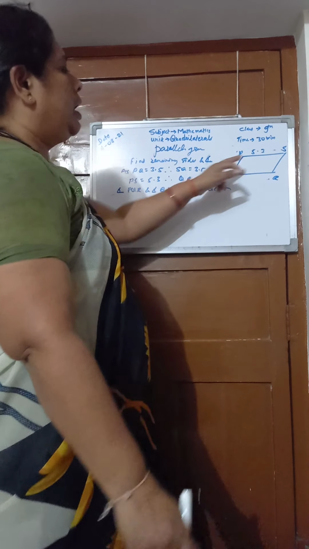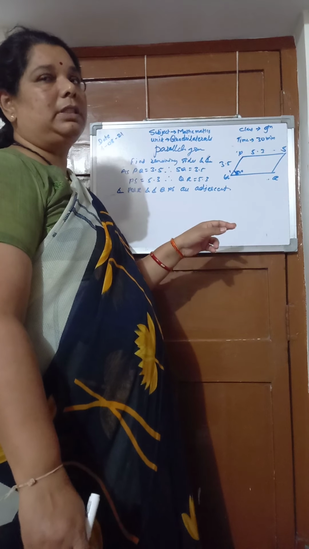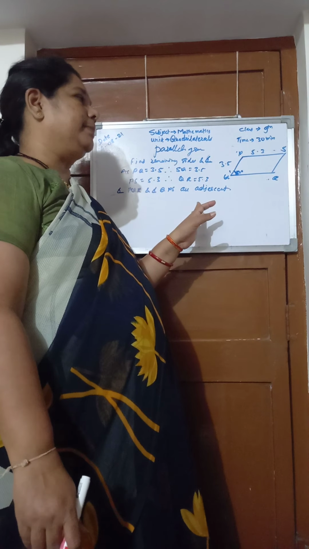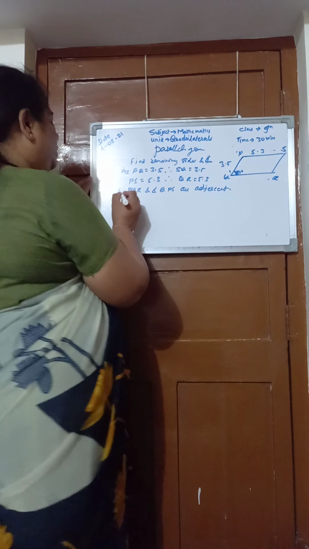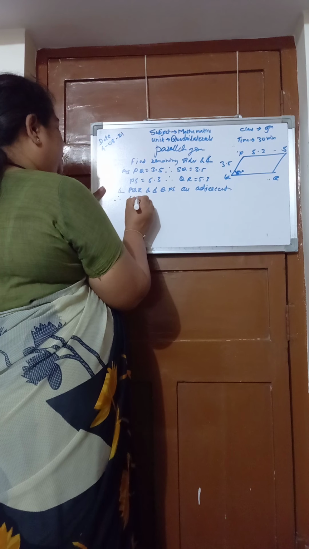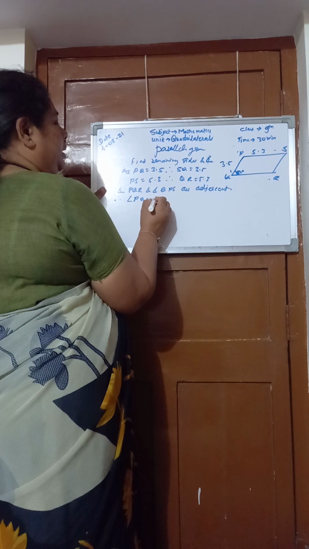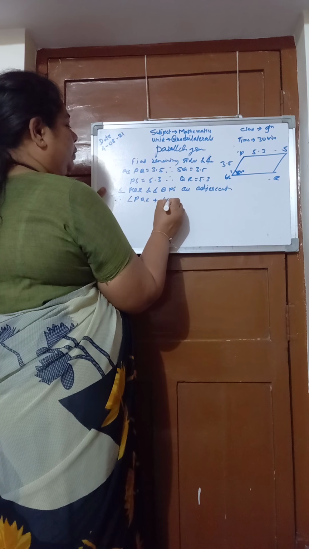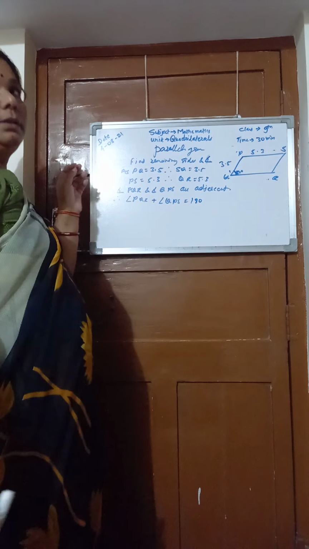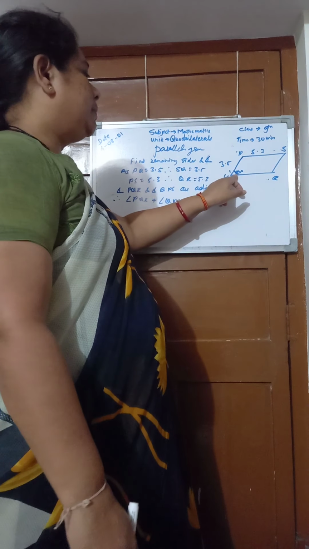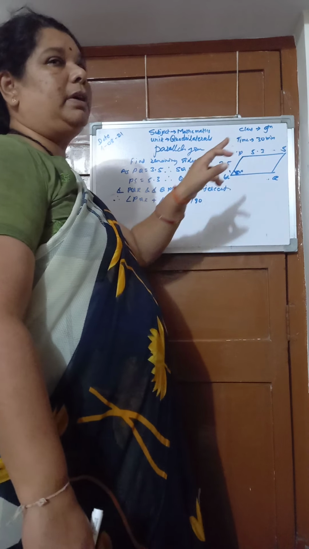These two angles are adjacent because this is the property of parallelogram. Therefore, angle PQR plus angle QPS equal to 180 degree. Got it? The sum of these two angles equal to 180 degree.